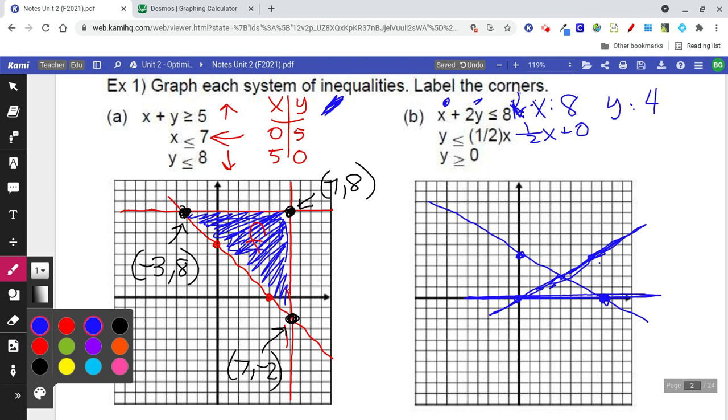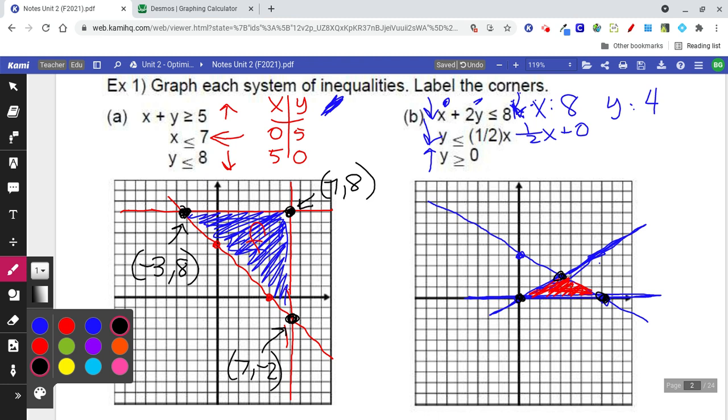And so if you think about it, if we're down from the first one and down from the second one and up from the third one, we're talking about inside that triangle. Now, it's not always inside the triangle, but a lot of the times there's going to be a nice shape and we'll be inside of it. Label the corner points. There's a corner there and there and there.